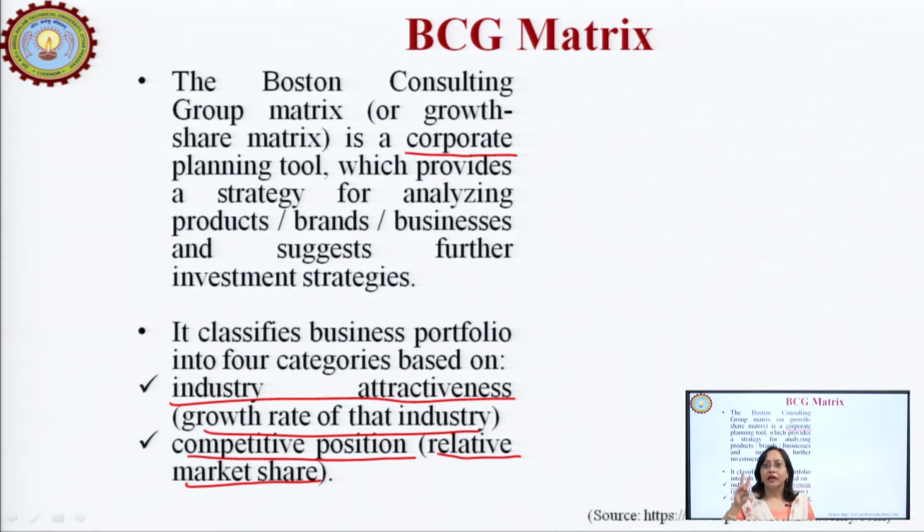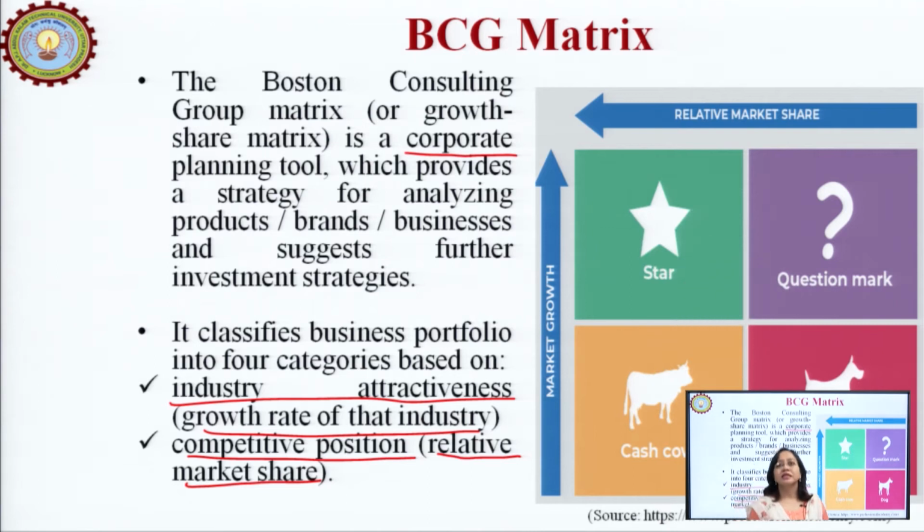So, there are two things: one related to the industry in which that product, company or brand is operating, and the second specifically related to that product, business or brand, where it stands in comparison to the competitor. I hope I am making it clear that one is a very generalistic perspective, and this is a very specific perspective.